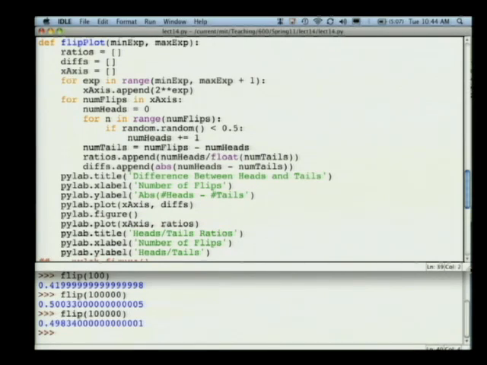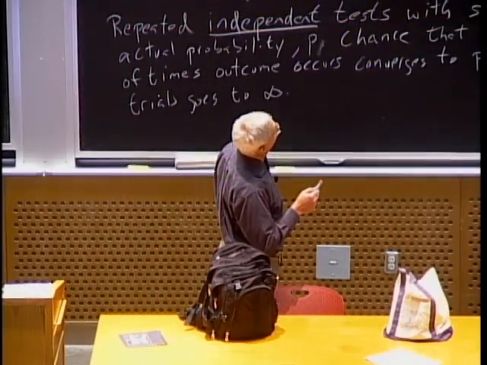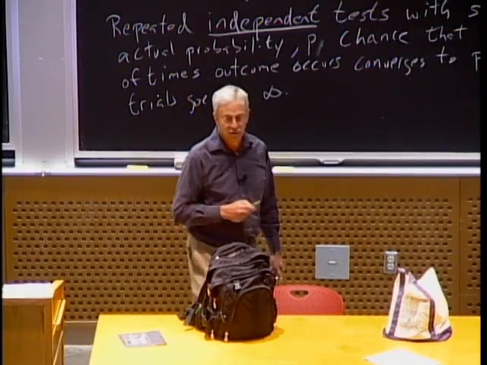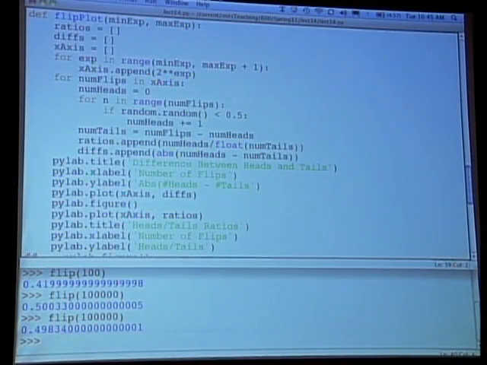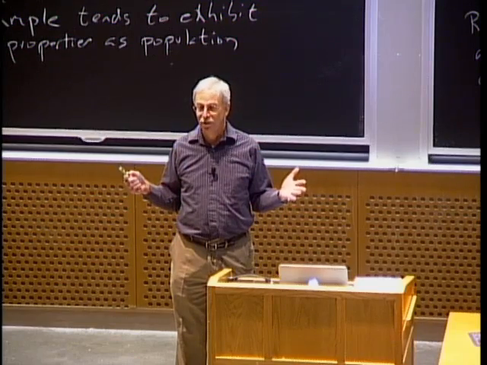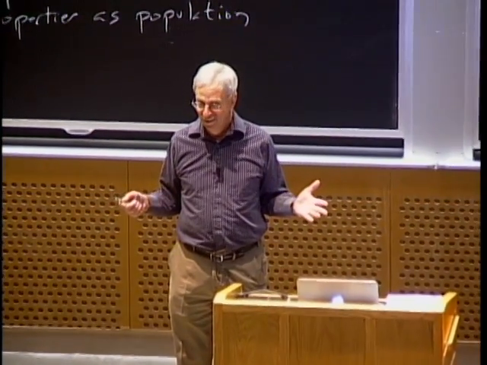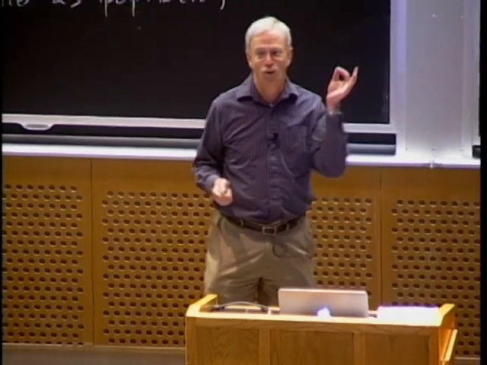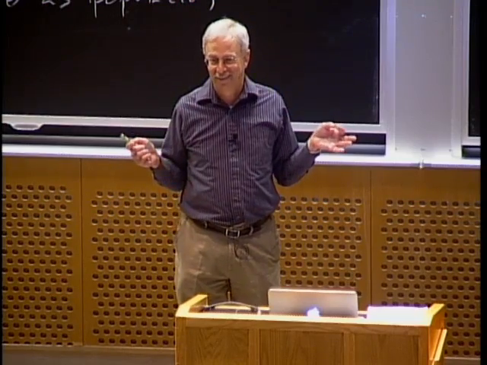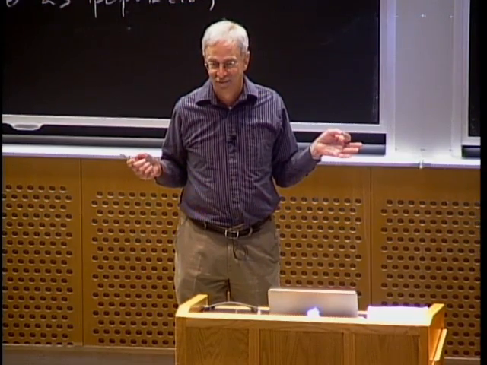What I'm doing is each flip is if random.random is less than 0.5, I'll call it a heads, otherwise a tails. You'll notice that it appears that maybe I'm biasing a little bit because I'm giving 0.5 a value. But there are so many floating point numbers between 0 and 1 that the probability of getting exactly 0.5 is so small that I can ignore it.